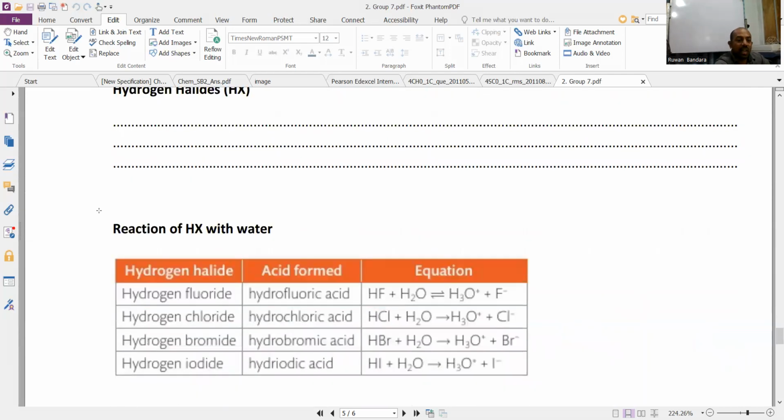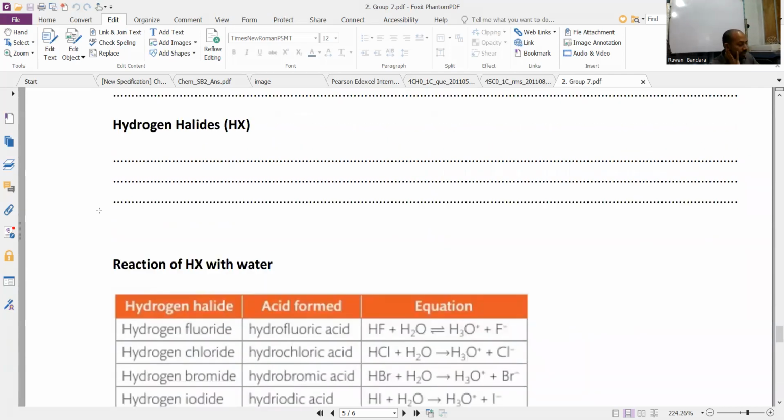Hydrogen halides, next topic. All the hydrogen halides are colorless gases and exist as polar diatomic molecules.